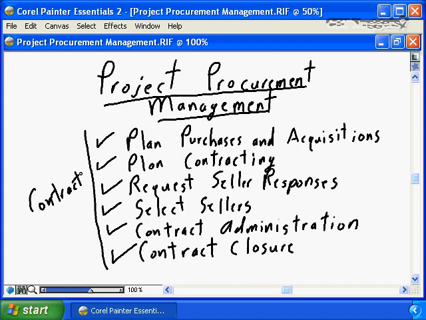Each party, the buyer and the seller, must ensure they're delivering to the terms and conditions of the contract to ensure that there are no legal issues, there is no legal recourse taken against the project. As soon as a project goes into legal issues, legal recourse, the project itself is going to suffer and the procurement management process is going to break down.